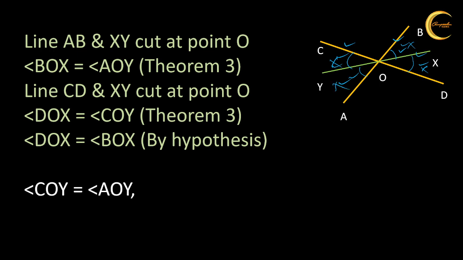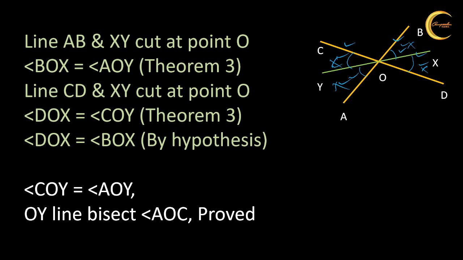So COY and AOY should be equal. So we can say the line OY is the bisector of the angle AOC. Okay.